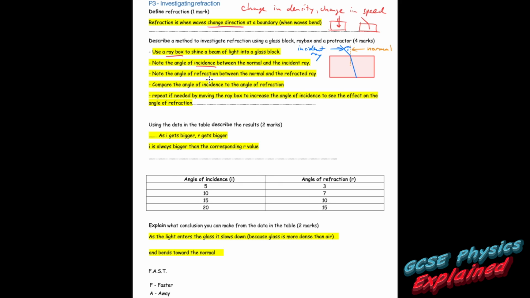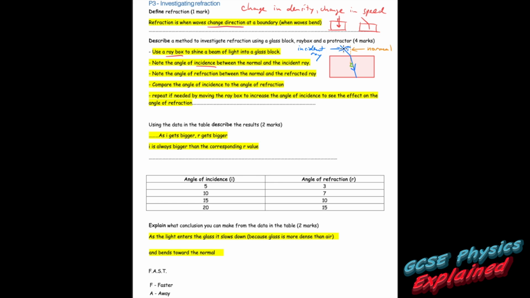Then note the angle of refraction between the normal and the refracted ray. So this ray here gets called the refracted ray. And the angle of refraction would be in there, R. Compare the angle of incidence to the angle of refraction and repeat, if needed, by moving the ray box to increase the angle of incidence to see the effect on the angle of refraction.